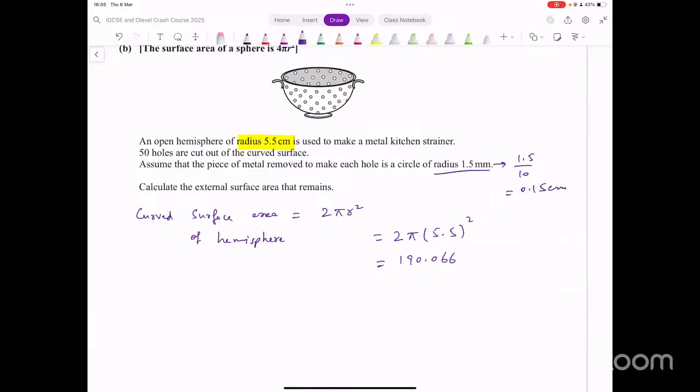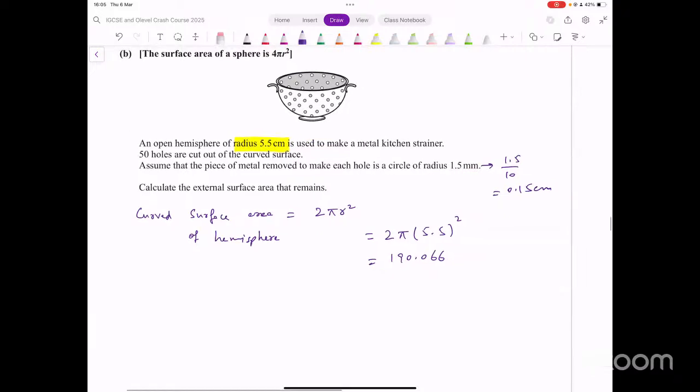That's the radius of each of these small circles. Let's find the area of these 50 small circles.